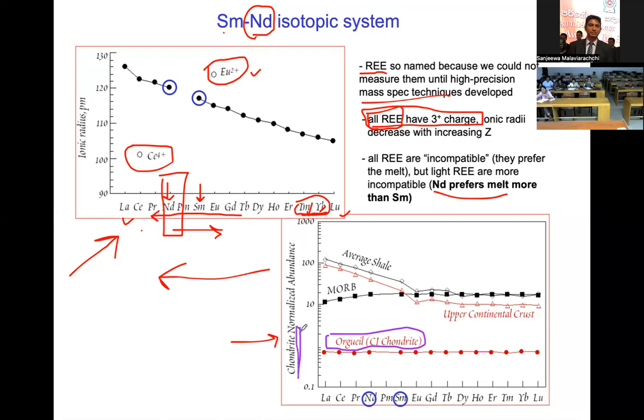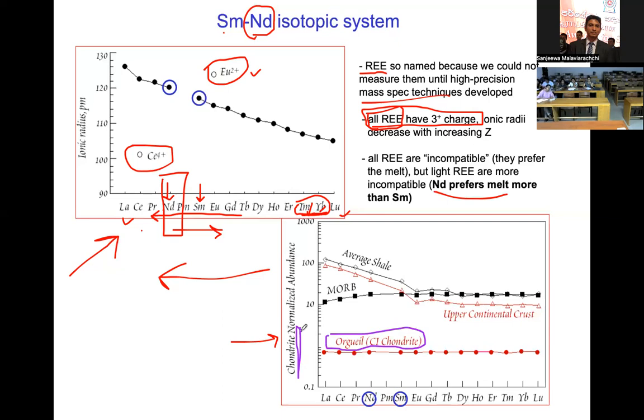Those who did advanced igneous petrology can remember we talked about this normalization. If you divide the values of your sample by a chondrite value, we call it a chondrite-normalized pattern, right?